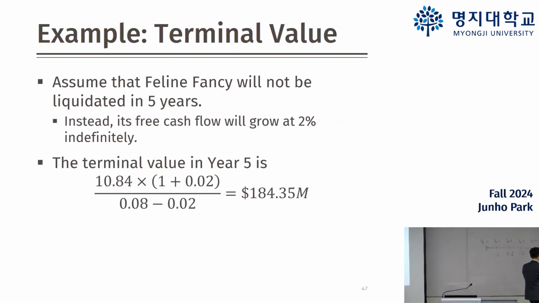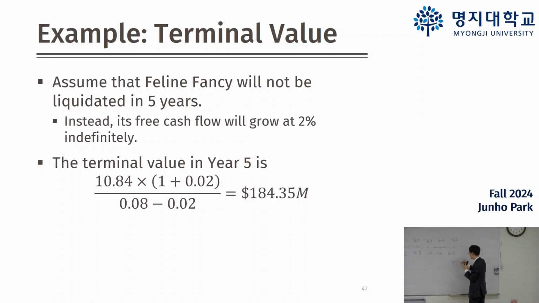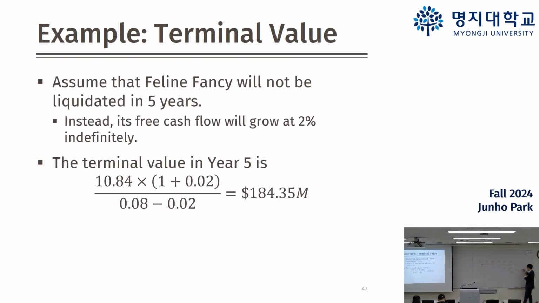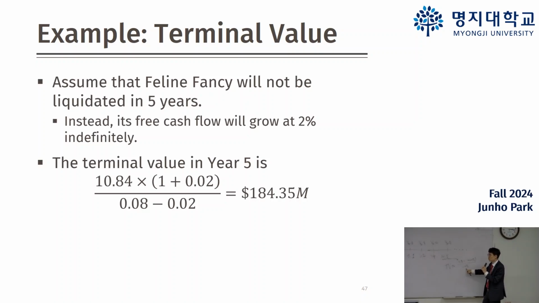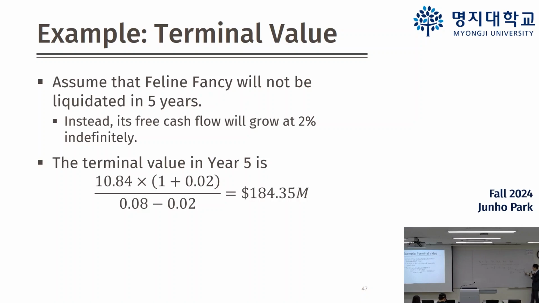And the terminal value is calculated as 10.8, this number, times 1 plus 0.02, this is the growth rate, divided by 0.08, this is the same weighted average cost of capital, minus 0.02, which is again the growth rate. And it gives us $184 million approximately. And then when we use this formula.